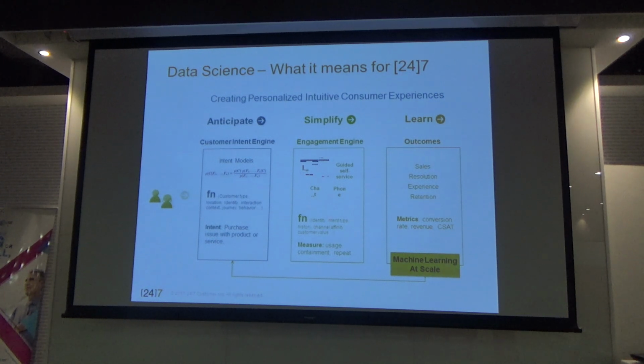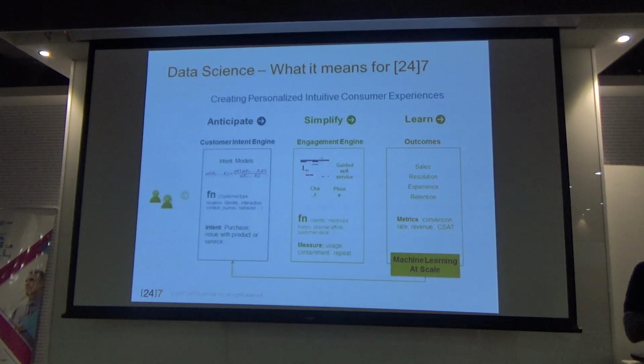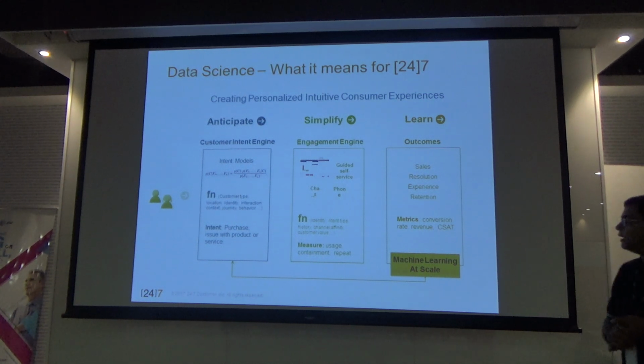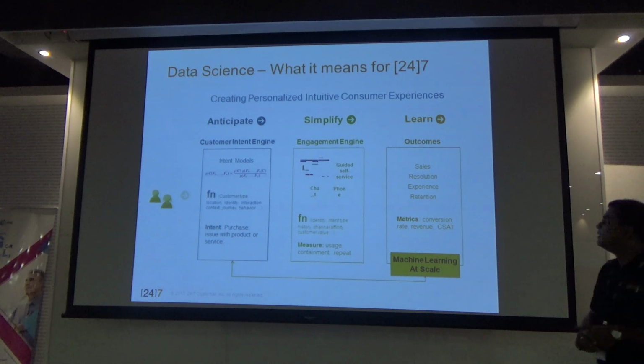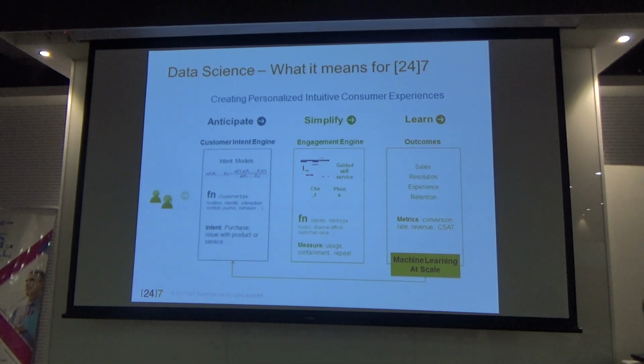These models span different types of intents that appear for different verticals and different channels, so naturally there are models that encompass those types of intents. The next is the engagement engine. This is what I was talking about: innovations like opening a form so that you can capture data on the call.